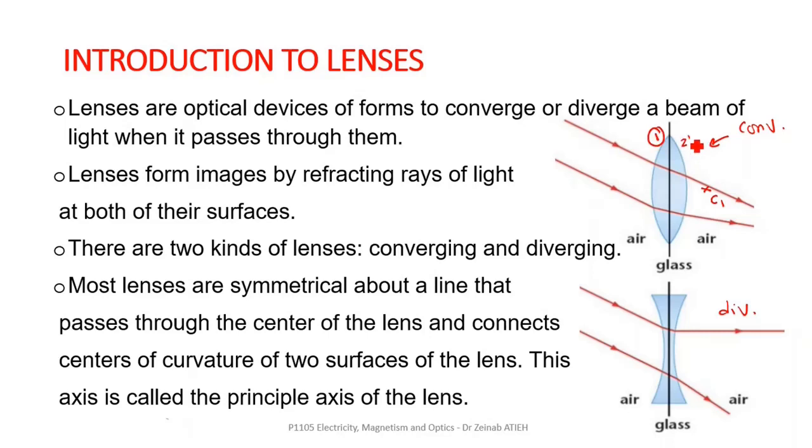And if this is the spherical surface 2, then C2 is the center of the spherical surface 2. So the line joining C1 and C2, this is called the principal axis or the optical axis. We have explained this also in diopters, principal axis or optical axis.